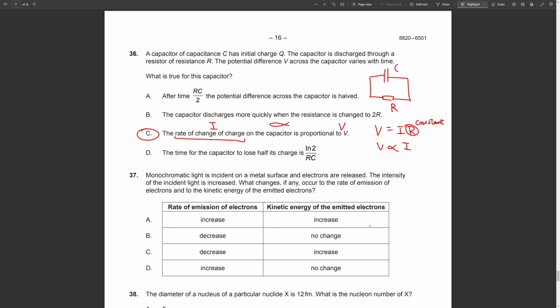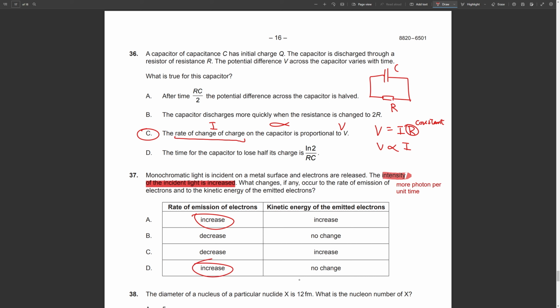Question 37. You have a monochromatic light falling onto a metal surface, triggering a photoelectric effect. The change here is the intensity of the light is increased. What is intensity being increased? It means there are more photons falling onto the metal surface per unit time. As there are more photons falling onto the metal surface, there shall be more electrons being emitted.